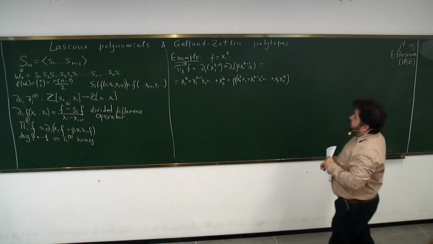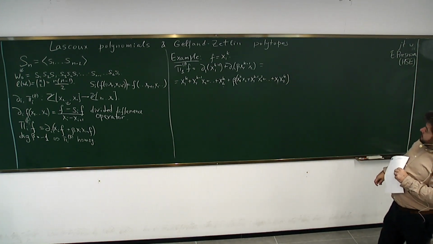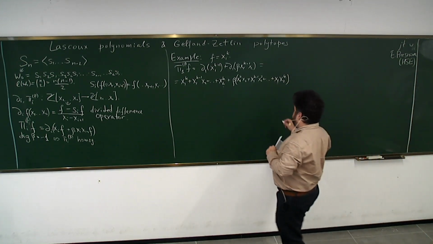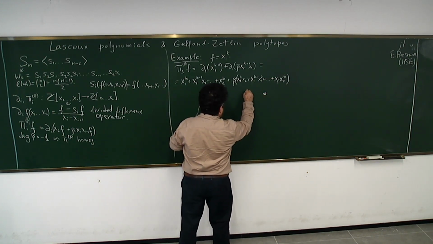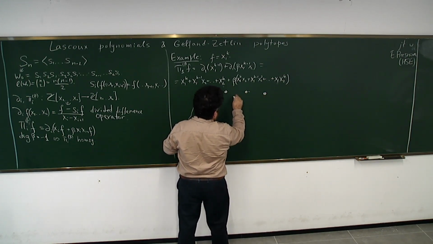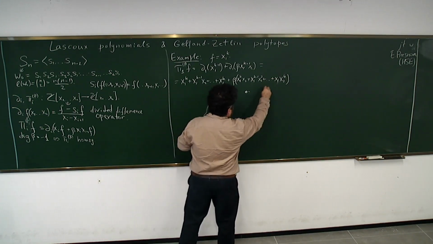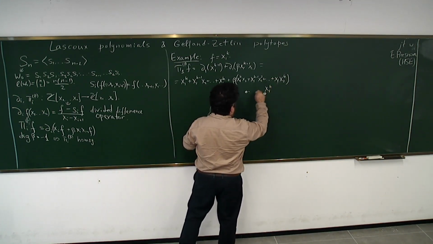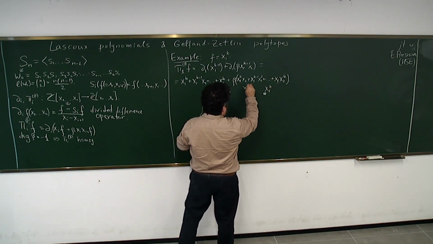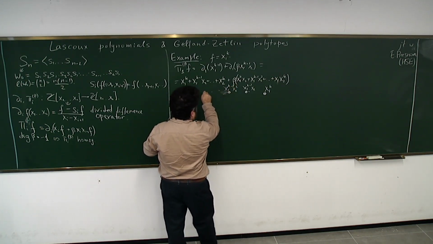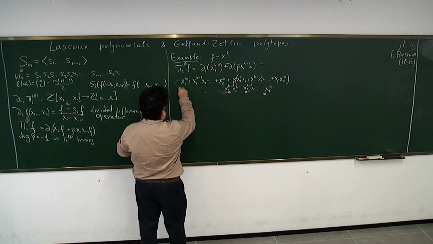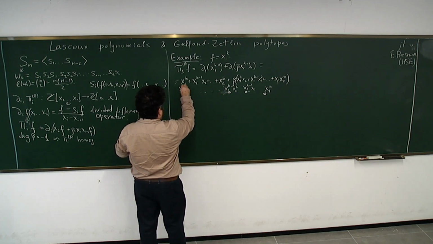And let me write this as the following picture. I'll write x's as dots, so this will be x1 to the power k, x1 to the power k minus 1 x2, x1 x2 squared, up to x2 to the power k.